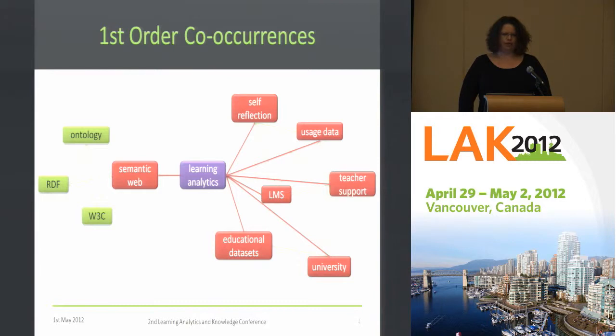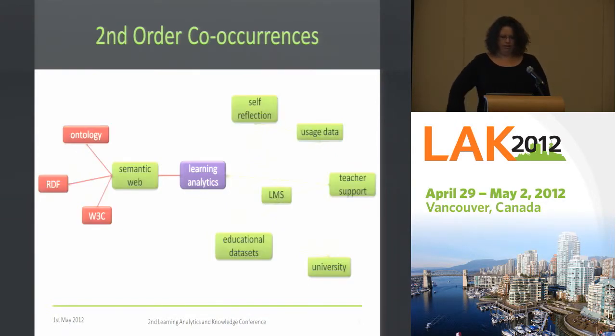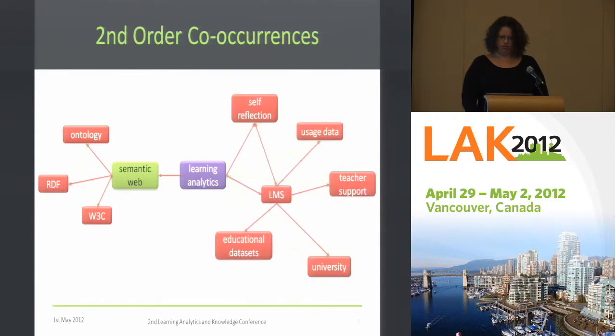We can also go one step further and say we are interested in higher order co-occurrences, in the next step, the second order co-occurrences. The second order co-occurrences of the term learning analytics would be ontology and RDF, for example, because I can go there in 2 steps using semantic web. All the nodes from the right cluster are second order co-occurrences as well, because I can also go there in 2 steps.